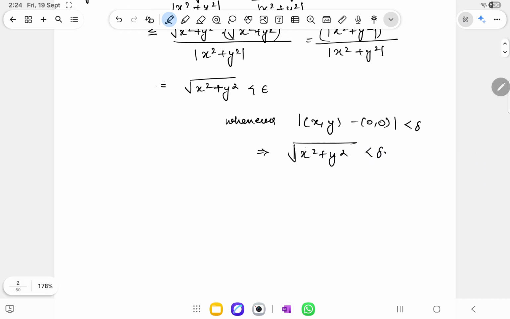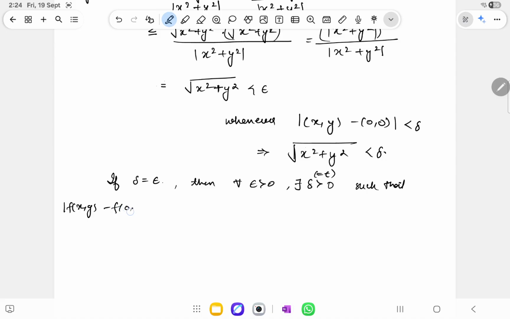So if I choose delta equal to epsilon, then for all epsilon greater than 0 there exists a delta greater than 0, that is basically equal to epsilon, such that mod of f(x, y) minus f(0, 0) is less than epsilon whenever mod of (x, y) minus (0, 0) is less than delta.